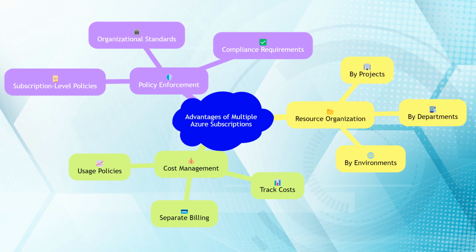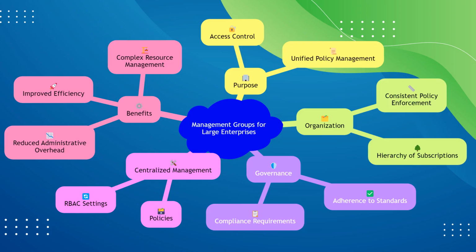Multiple subscriptions also allow for better policy enforcement, as policies can be applied at the subscription level. This ensures that resources within each subscription adhere to organizational standards and compliance requirements. For large enterprises with multiple subscriptions, management groups provide a powerful tool for unified policy and access management.